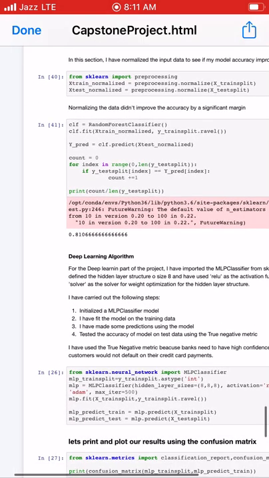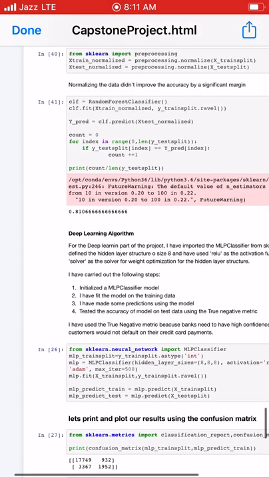Similarly, the deep learning algorithm that I used was the MLP classifier from the neural network class of scikit-learn. In this case, I initialized an MLP classifier model, fitted the model on the training data, made some predictions, and finally tested the accuracy using the true negative metric.